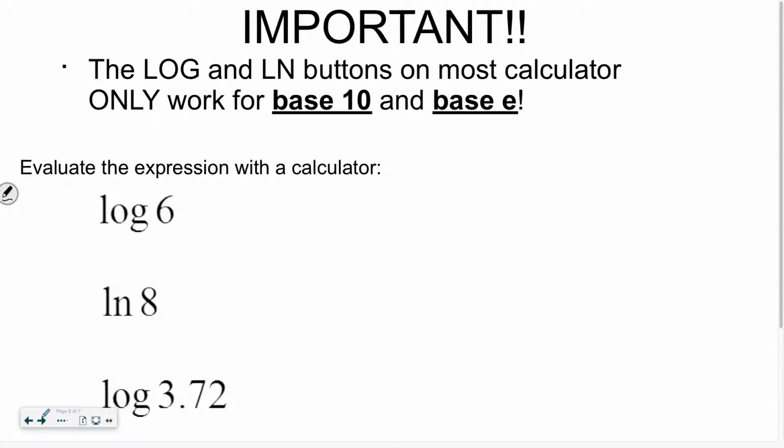See if you can evaluate these with a calculator. Did you have E? Oh, it's right over here. Did all your things work out with that E? Did you have to make your own exponent on that one? Like, you had to hit the exponent button. If you do shift natural log up here, it will bring the exponent for you.